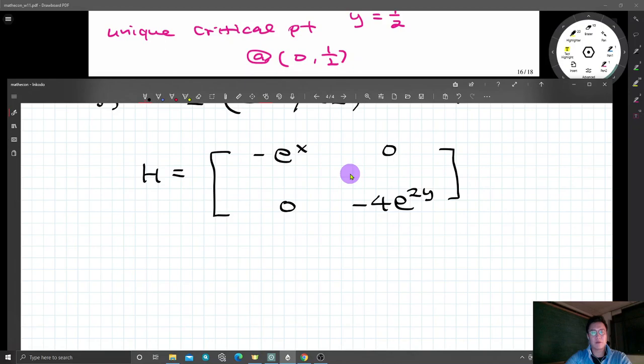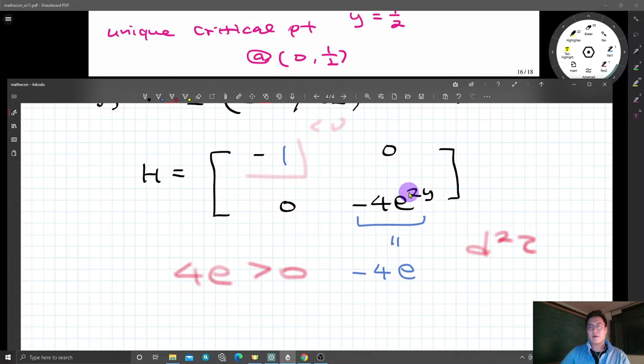The sign starts from negative and then it alternates. So we conclude that this matrix is negative definite, meaning that D squared Z is always negative. According to the differential version of the optimization test, we conclude that the given function attains a local maximum at this critical point.